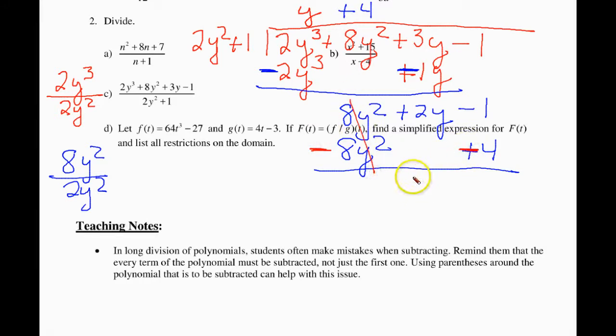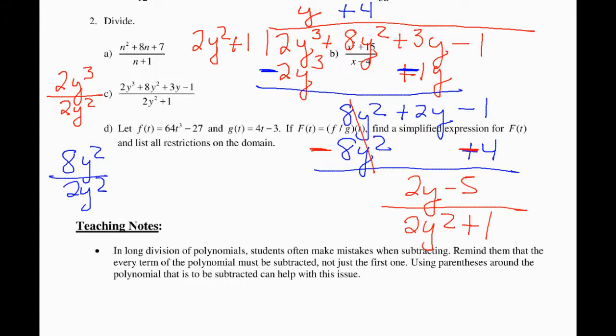This cancels out, and we are left with 2y minus 5 as our remainder, all over 2y squared plus 1. And that is our answer. Again, they don't all come out so nicely as we did here, but you must follow the protocol item by item. Again, a lot of algebra and a chance for an error, but be careful as you do it.